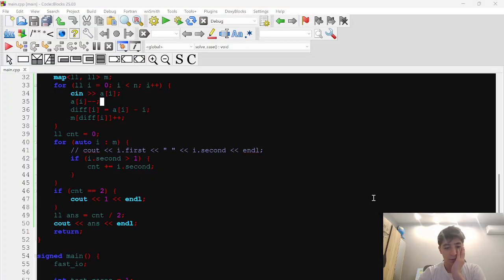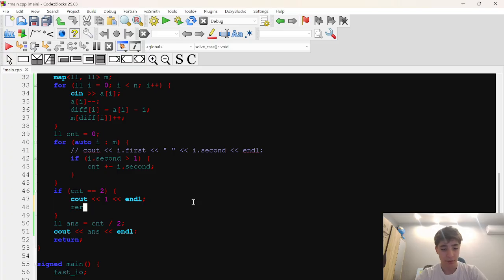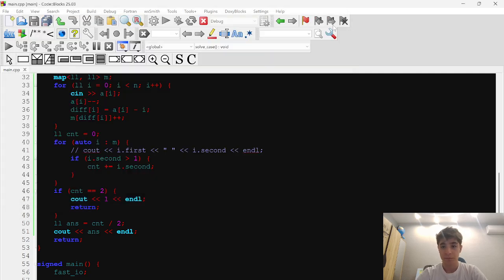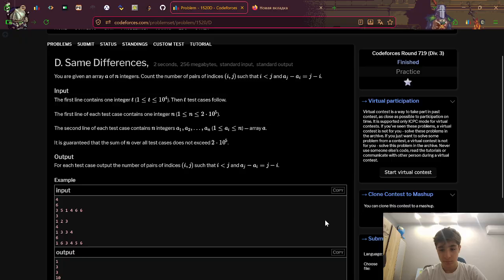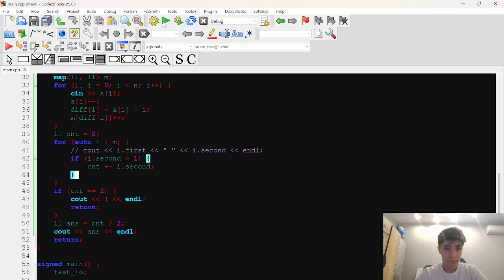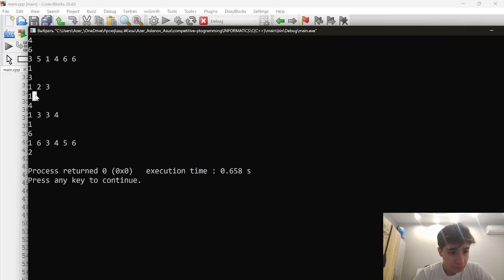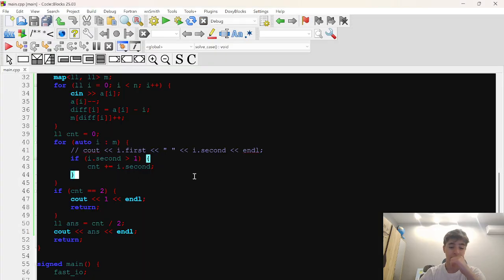I need to do like this. Wait a minute. I forgot about adding return. One. Then there's one. Then there's one. So that's the point. The map is just really blowing my mind.